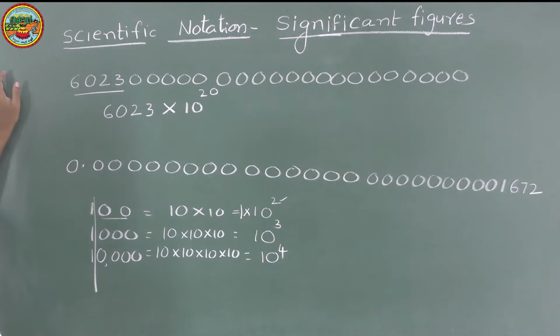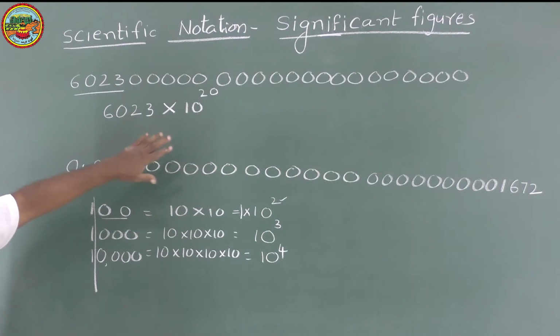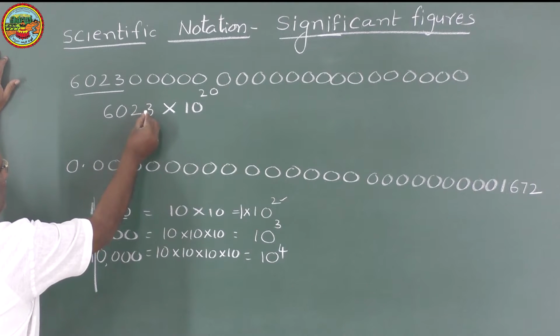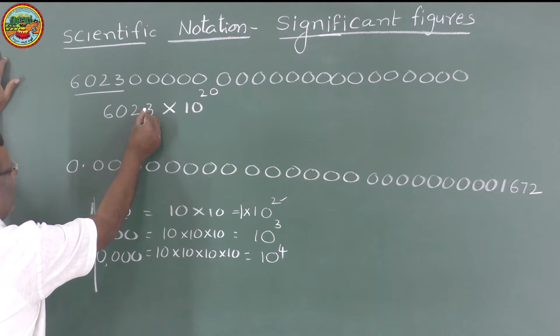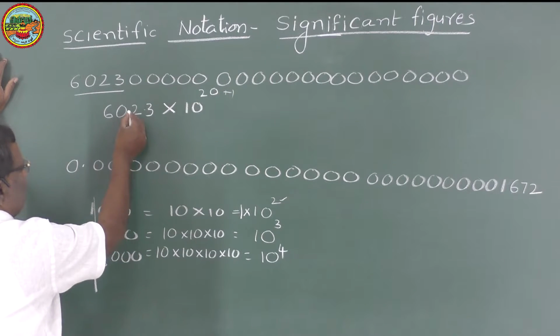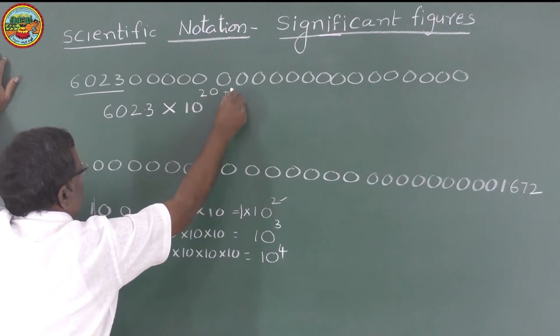Since there are 20 zeros, this large number can be expressed as 6023 into 10 to the power 20. If you feel that even 4 digits is difficult to express, you can simply bring decimals. If you bring the decimal here, you have to increase the power by 1. If you bring the decimal here, you have to add 2.